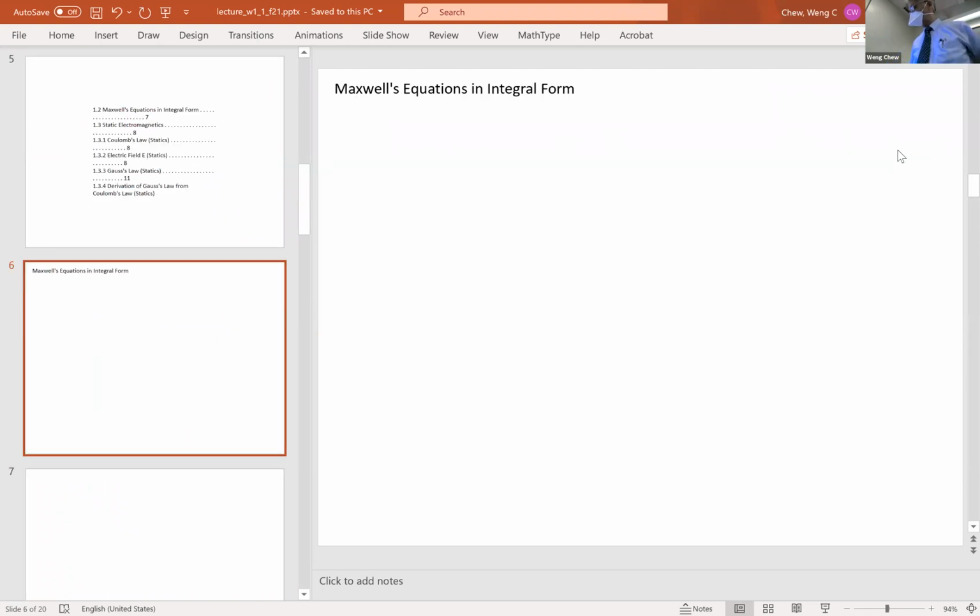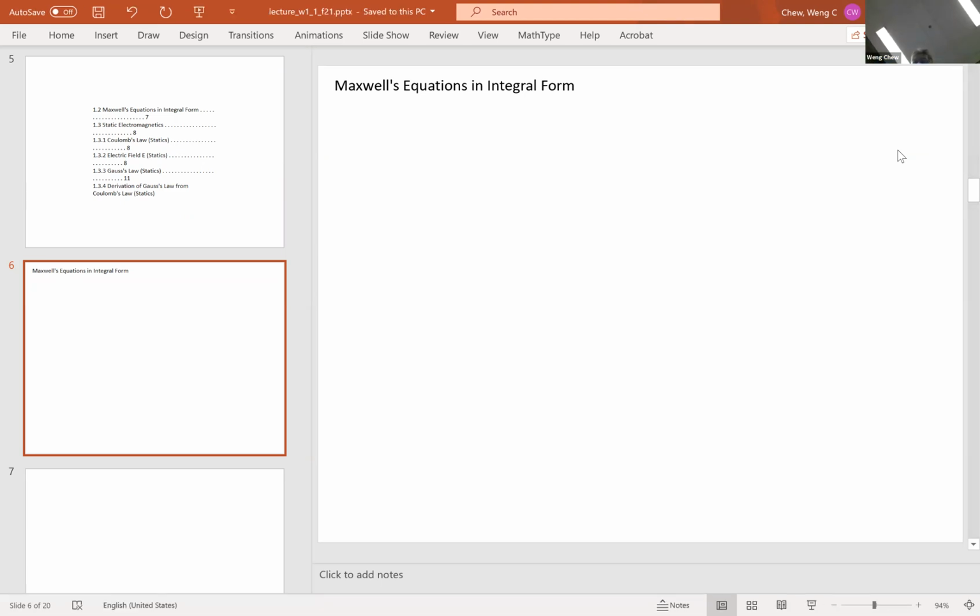So first, I'd like to talk about Maxwell's equations in integral form. I usually prefer to write out the lecture notes so that you can follow at a more leisurely pace.